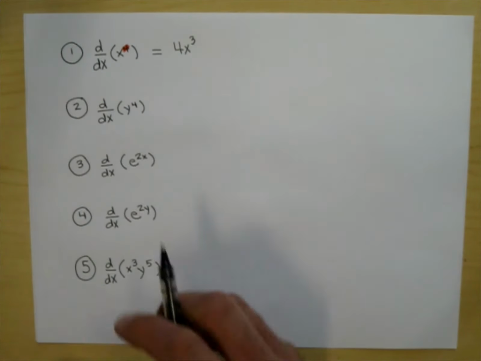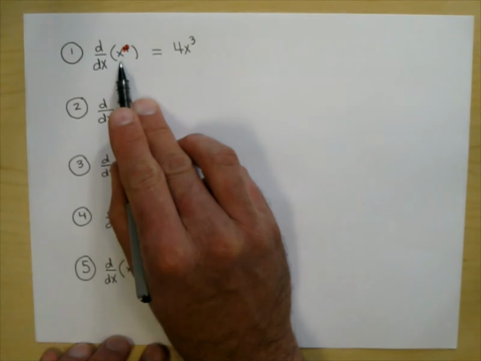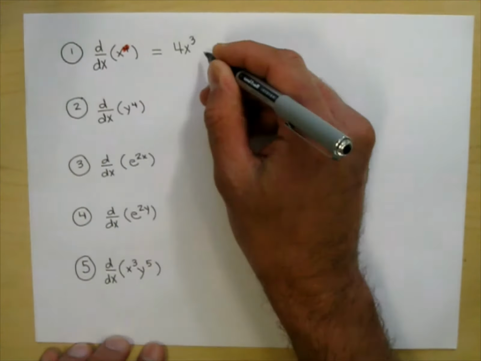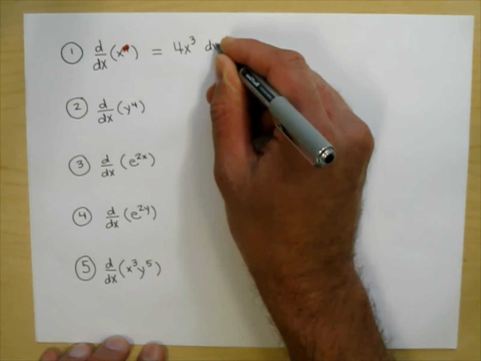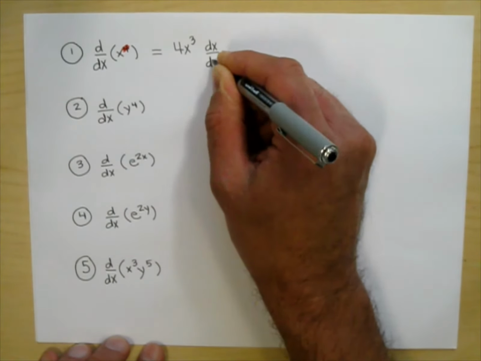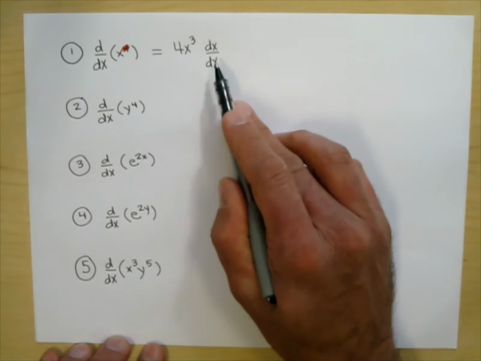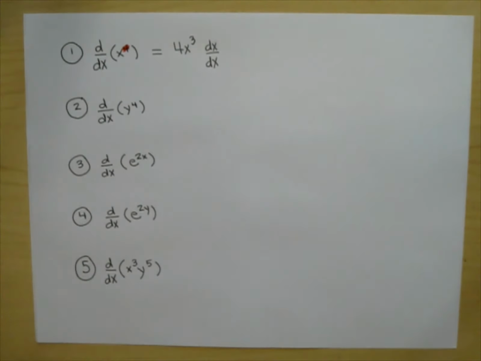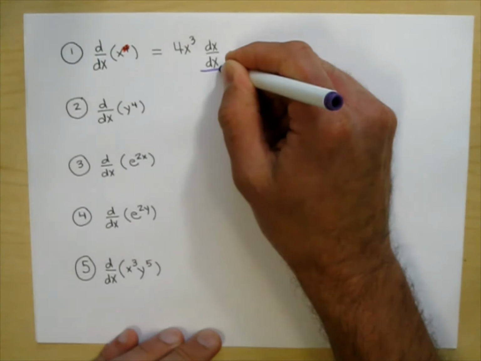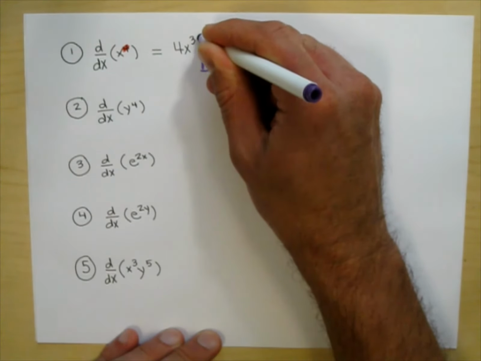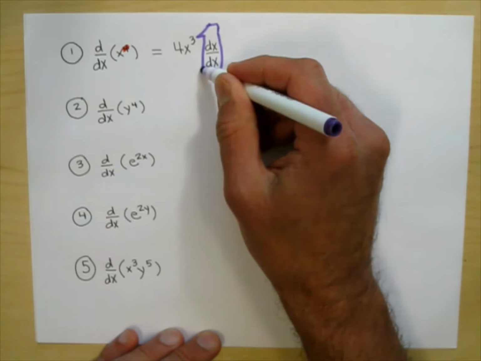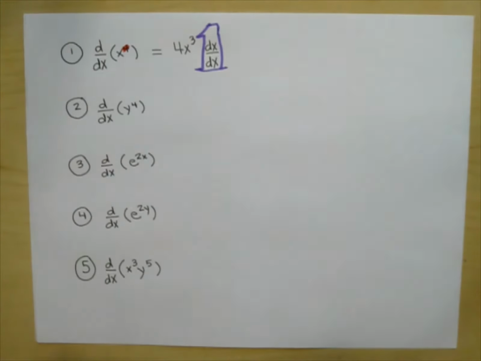And now the derivative of x, that's dx/dx. What do you think dx/dx is? That's just a 1. So let me go ahead and write that out. This is just a 1.